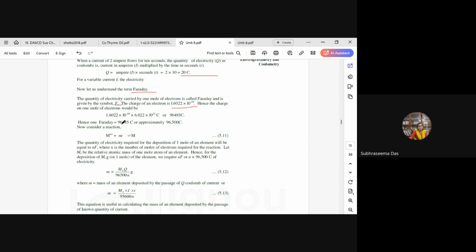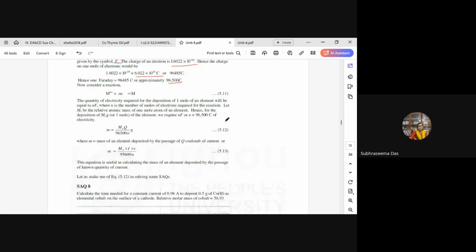So the charge on 1 mole of electrons will be 1.6 into 10 to the power minus 19 into the Avogadro number, which gives us the value 96490, approximately used as 96500 coulomb. So 1 Faraday becomes 96,500 coulombs.